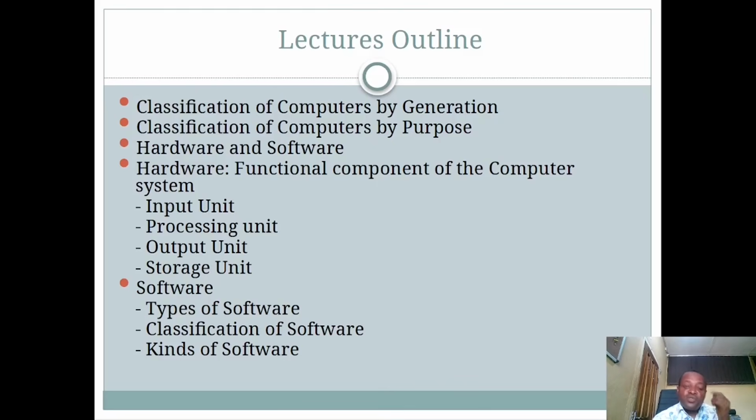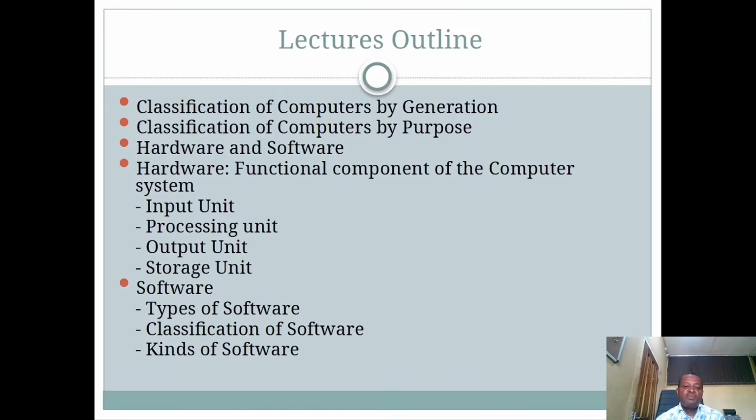In fact, for today's lesson, I have created the lecture outline. So the first thing we shall consider today is classification of computers by generation. It is shown there on the screen. Classification of computer by purpose, hardware and software. Then under hardware, we shall consider functional components of computer system.